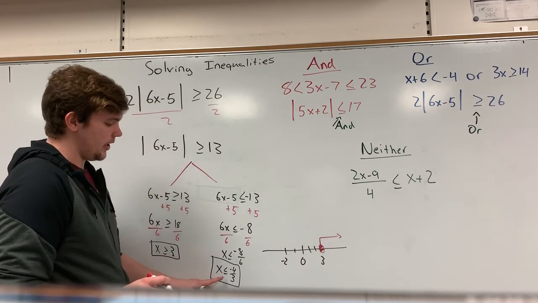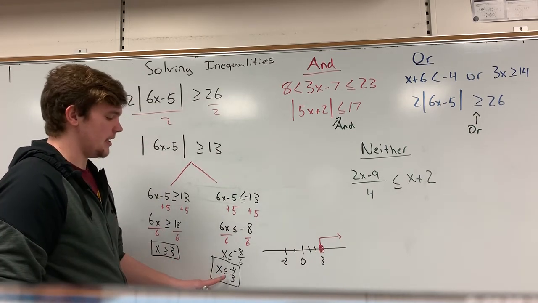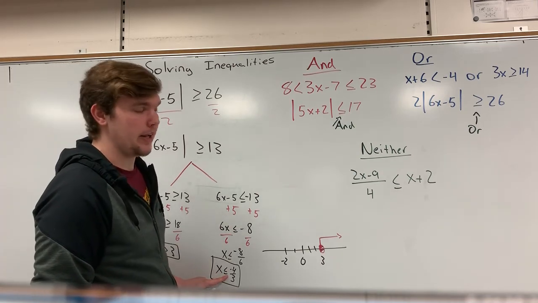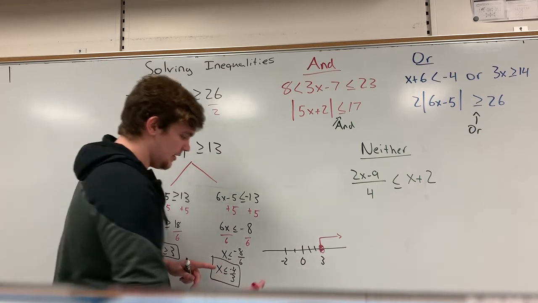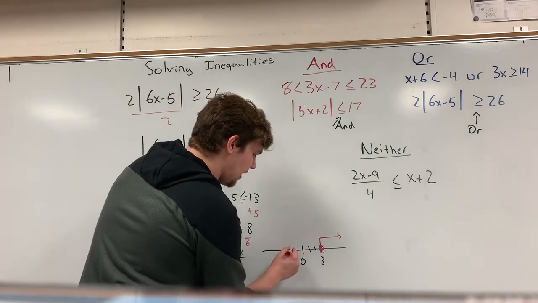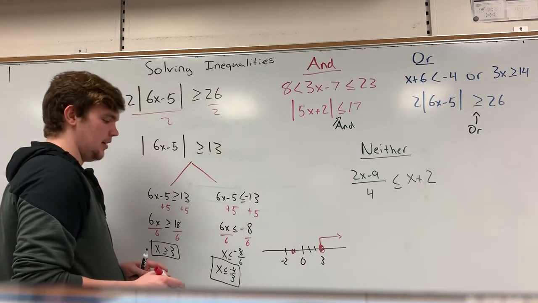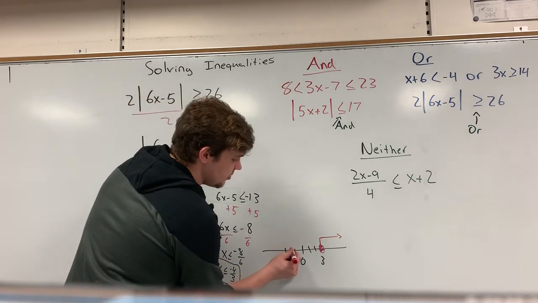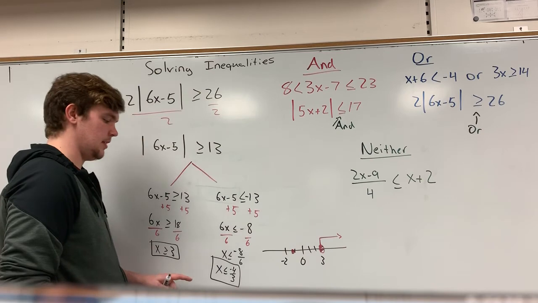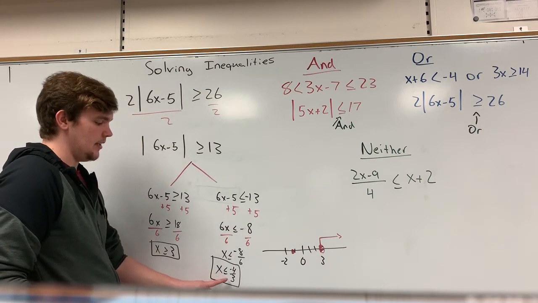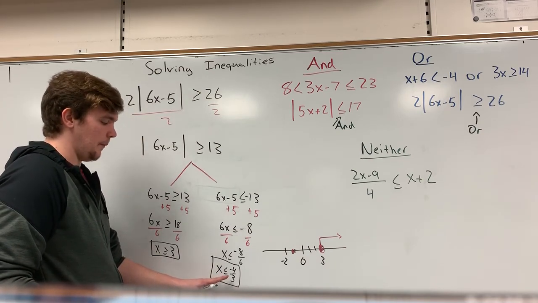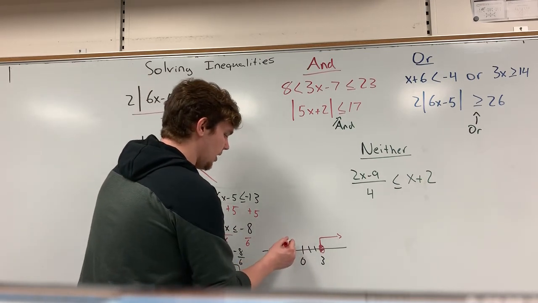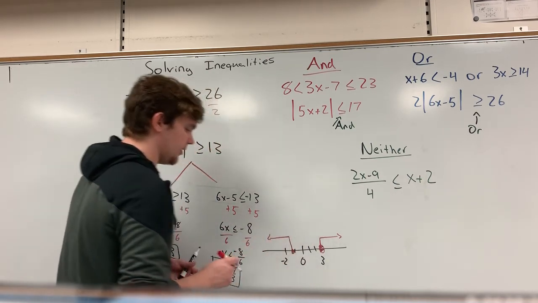And then lastly over here, x less than or equal to negative 4/3. Negative 4/3 is about negative 1.3 as a decimal, so I'm going to need a point just past negative 1. Since this is or equal to, that's going to be a closed circle. And since it is less than negative 4/3, I go to everything that is less than negative 4/3.